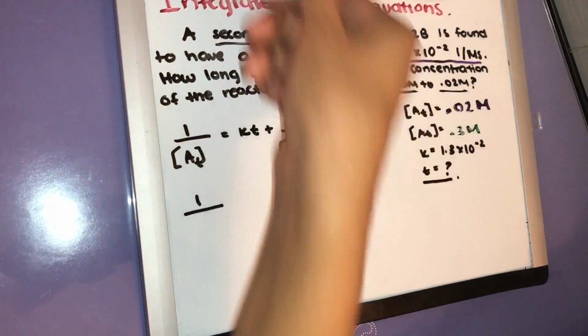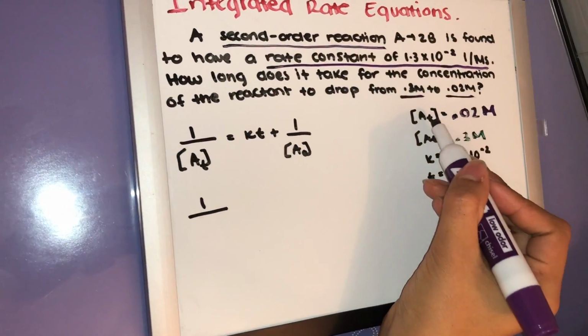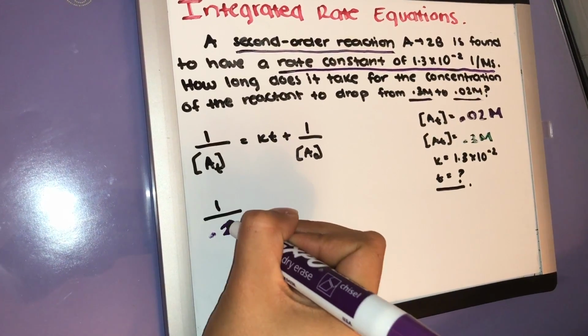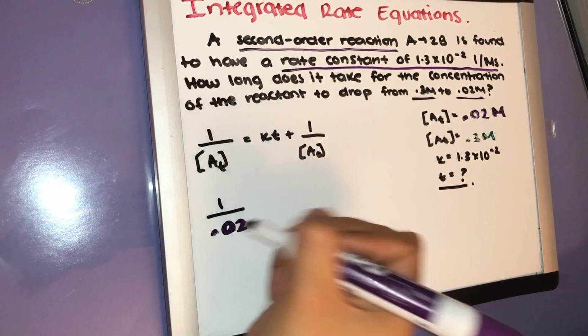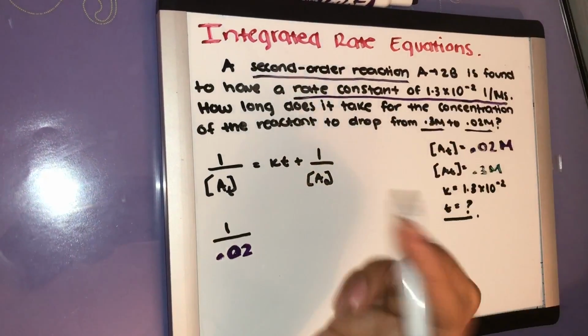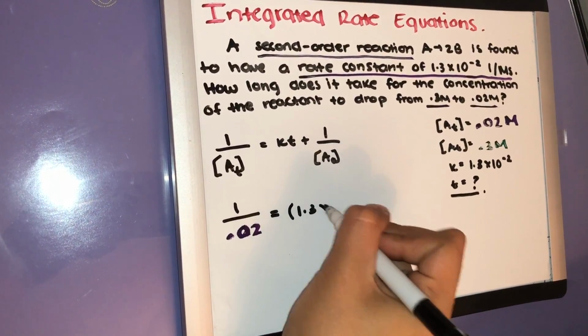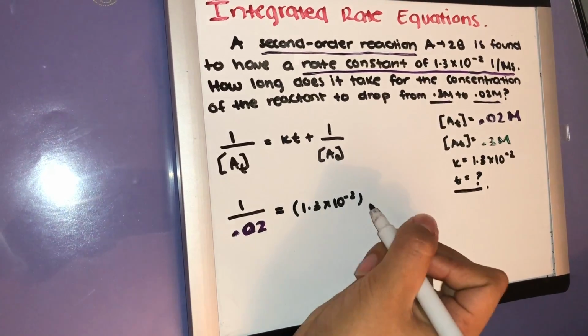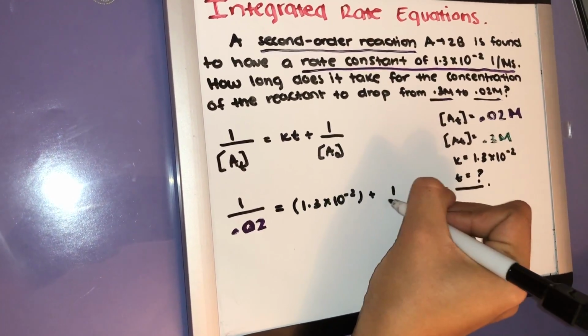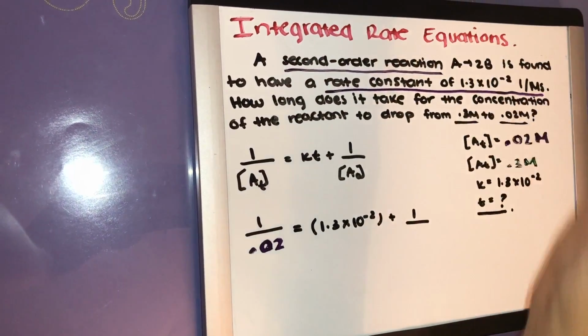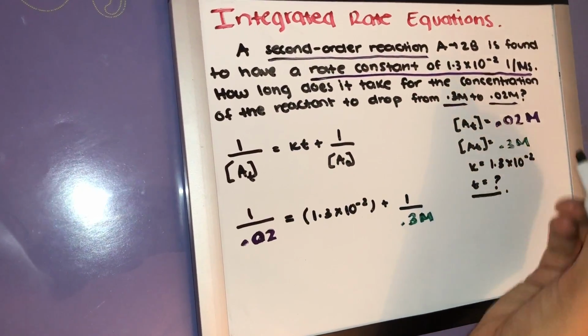Then we can plug in everything. So 1 over final would be 0.02, k would be 1.3 times 10 to the negative 2, plus 1 over the initial.